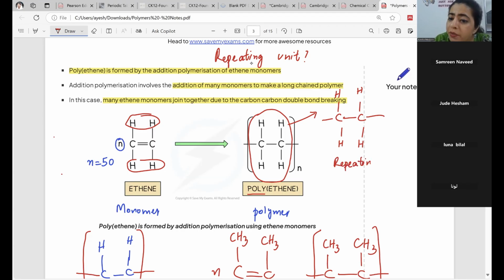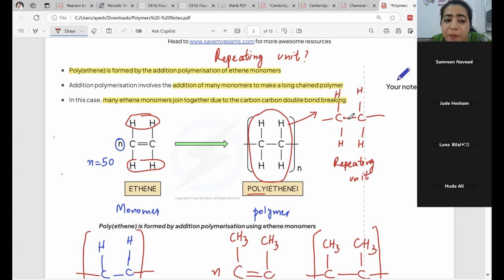For the repeating unit and polymer, how they are different: repeating unit will not have a bracket outside and will not have the number written. If you take this unit, which is a repeating unit, put the bracket outside and n, then it will become a polymer. If you remove the bracket and number n, it will become a repeating unit.